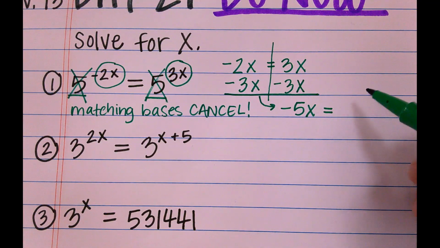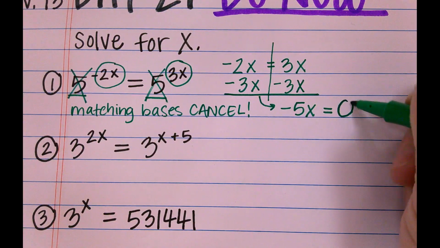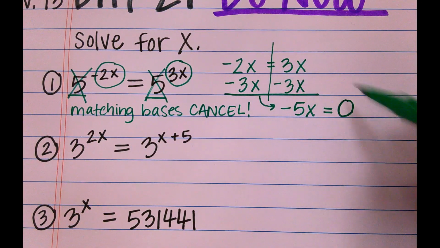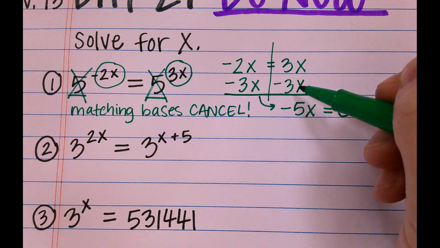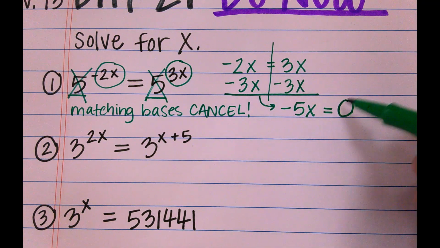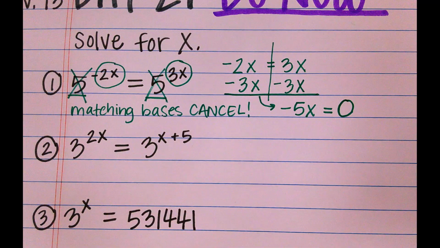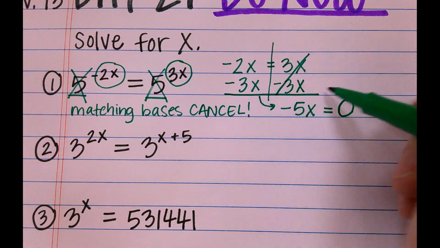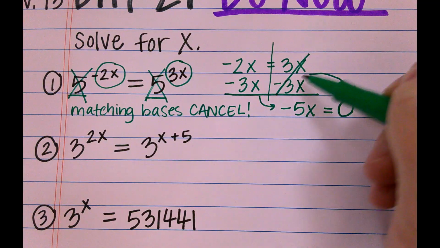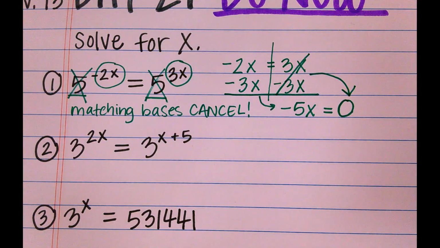Does that make sense? We need to write 0 because 3x minus 3x is 0. If I start with 3x's, I take 3x's away, I'm left with nothing, which is 0. You have to have something on both sides of your equation. So if we want, we could still cross it off and just say that's where that 0 came from, okay?